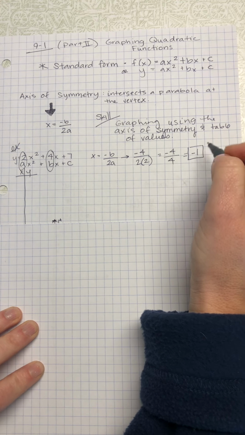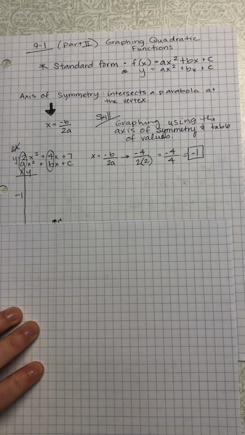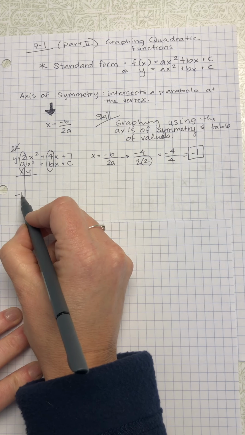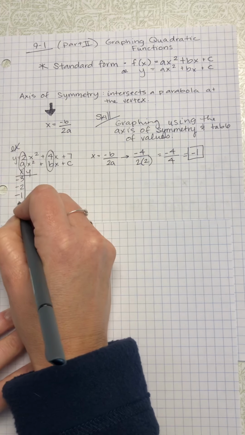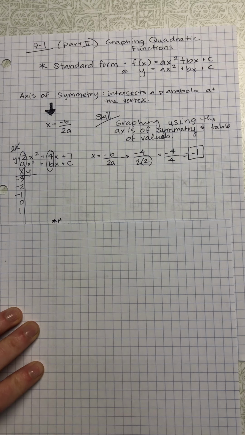And this is the vertex. So that means that negative 1 is going to be my middle number, right? Because it's the point on the parabola. So if it's in the middle, then I need negative 3, negative 2, and I need 0 and 1 in order to make my 4 other points.